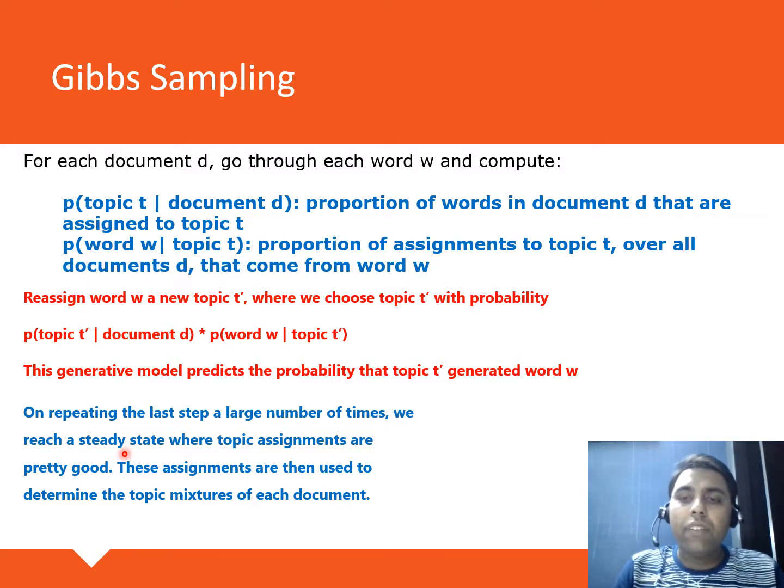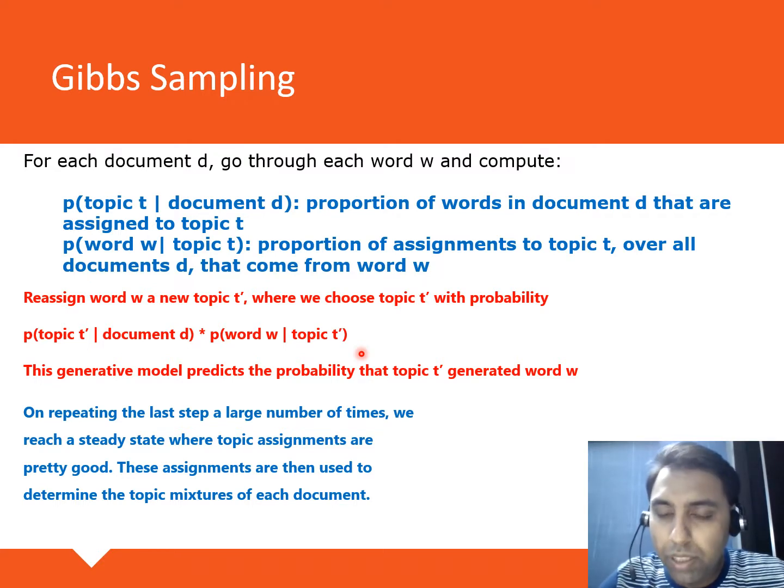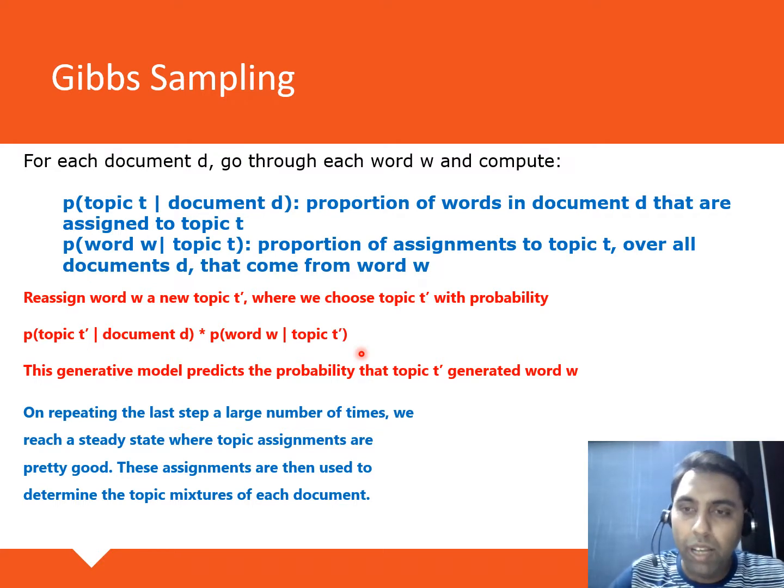But having said so, a word of caution: it's not guaranteed that given any data and given any choice of k, which is the number of topics you want to arrive at, you will always get that kind of representation.